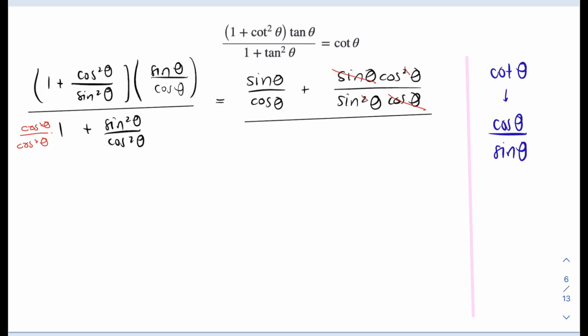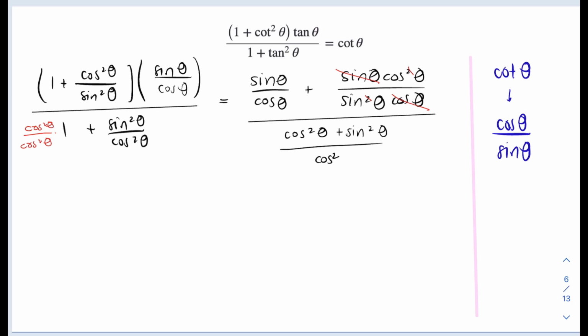I don't want to keep-change-flip with multiple fractions. So that will give me cosine squared theta plus sine squared theta, all over cosine squared theta. Immediately, I recognize this numerator as the Pythagorean identity. So that's going to cancel out and just be 1.